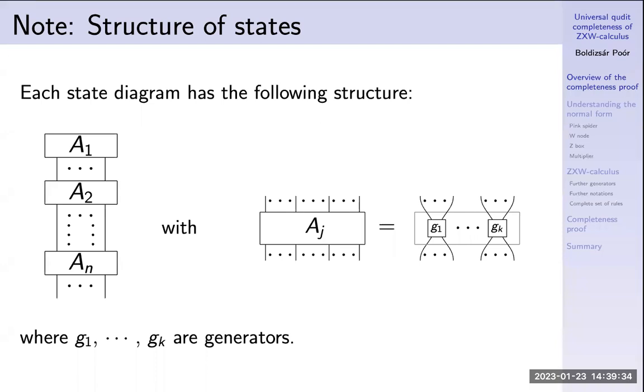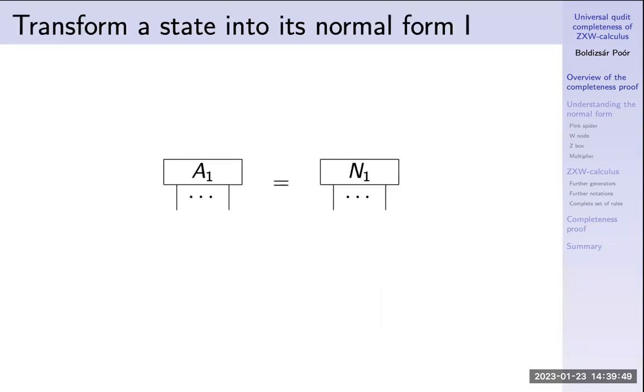So we have these layers that we call here A1 and AJ in general, and each of these layers consists of generators composed in parallel. First, we convert the top of the diagram into normal form. This is only converting generators into their normal form.